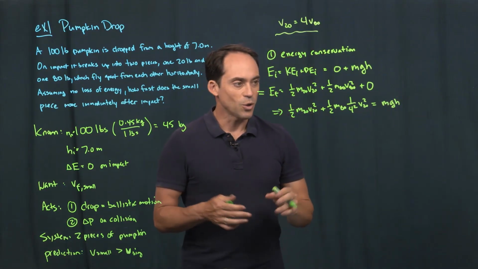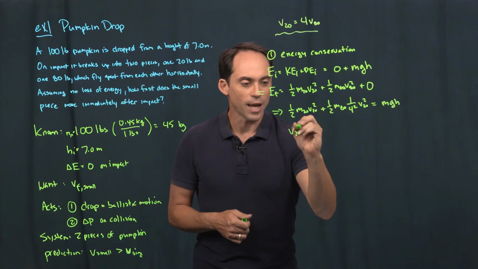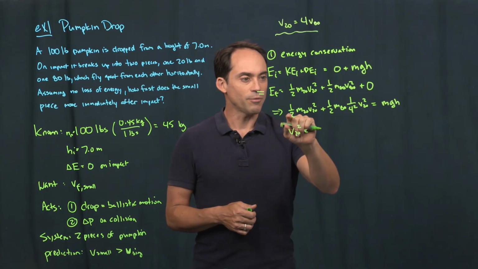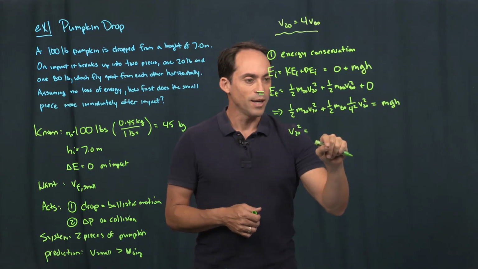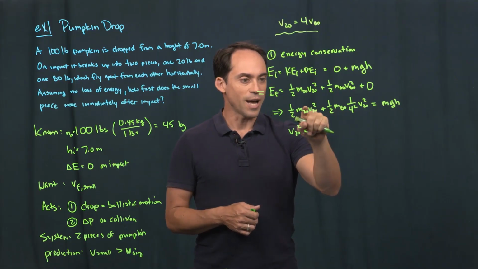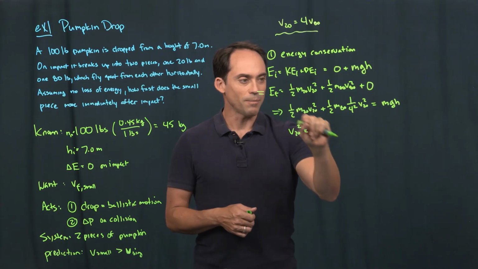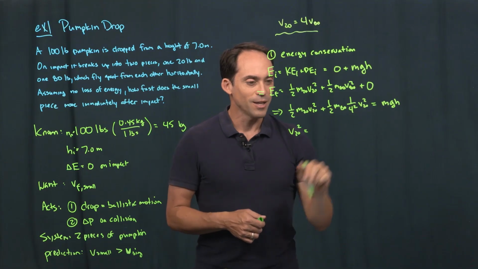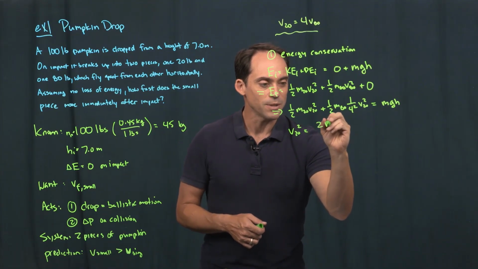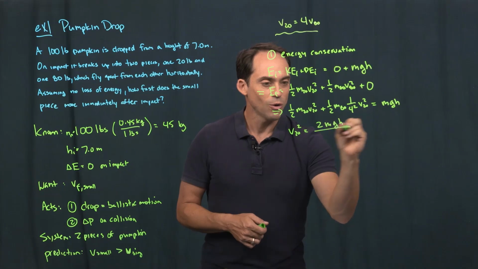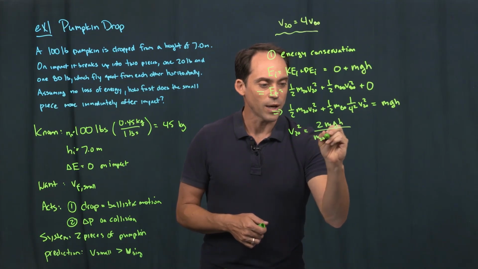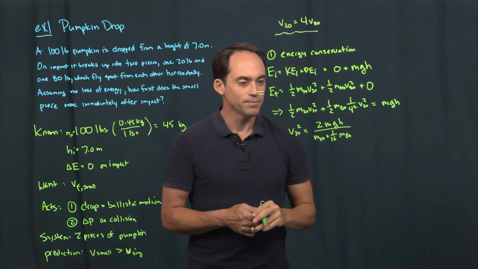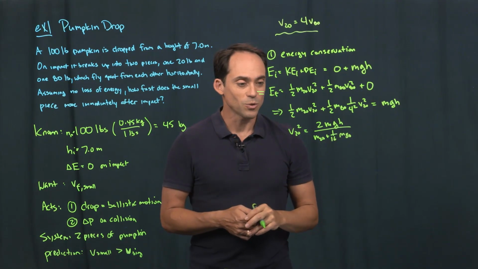All right, so let's simplify this a little bit. We're going to put v20 squared all on one side. If we multiply by 2, and then we can essentially divide by the combination of the 20-pound mass plus 1/16 of the 80-pound mass. So that's going to be 2 times mgh over m20 plus 1/16 m80. That's the total speed squared.